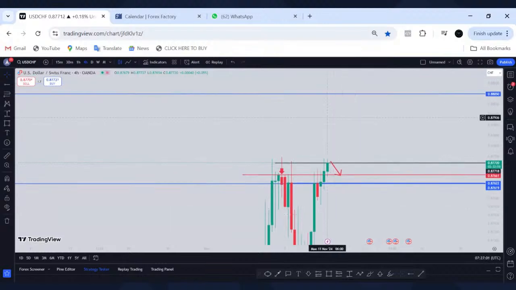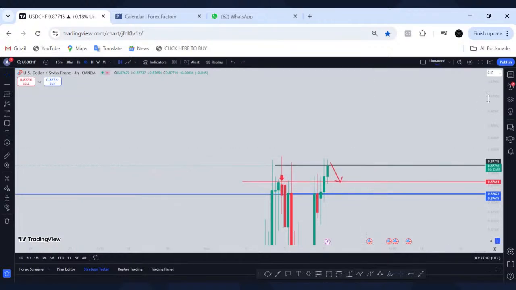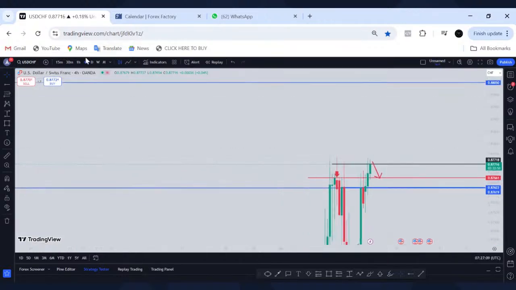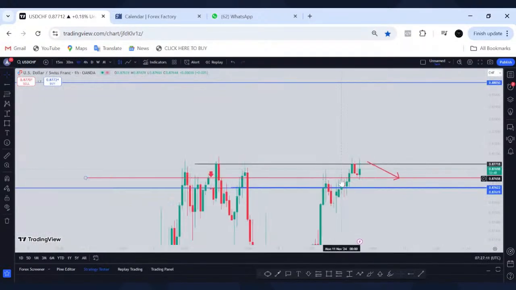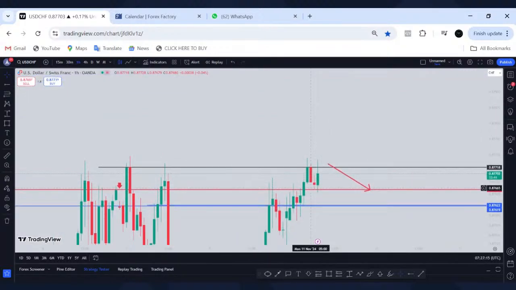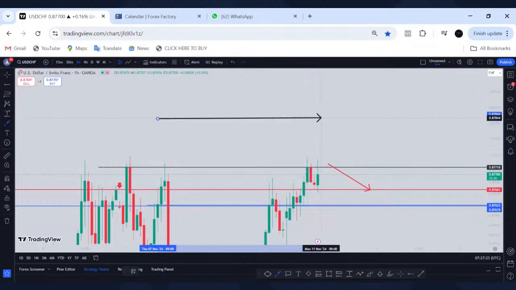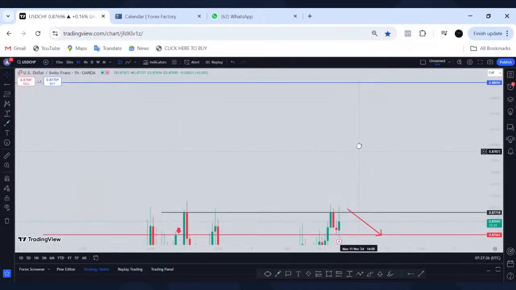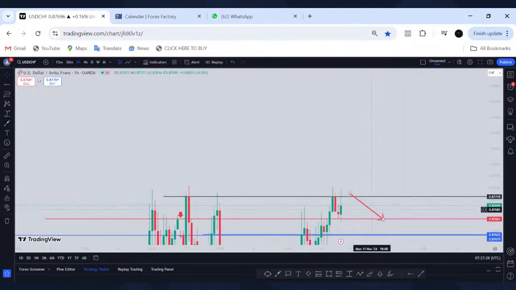The market is going to head up through this zone, but how that is going to happen is the problem now. So you see, the candle has been rejected by the levels.